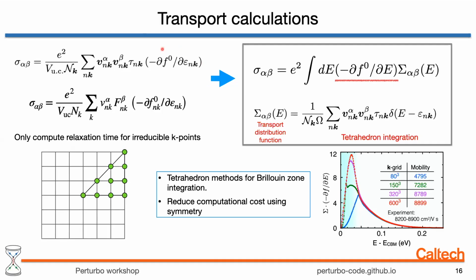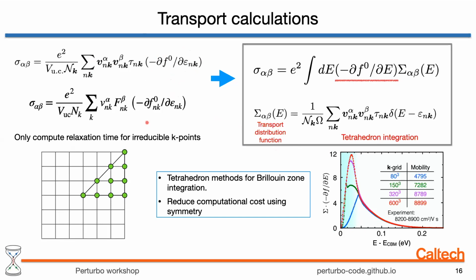One of them is that this part of these expressions, this delta, this dF0/dE, at lower temperatures, or even at room temperature sometimes, becomes almost like a delta function, as you can see here. This means, again, that to be able to converge these calculations, we need finely sampled points in this region of energy.